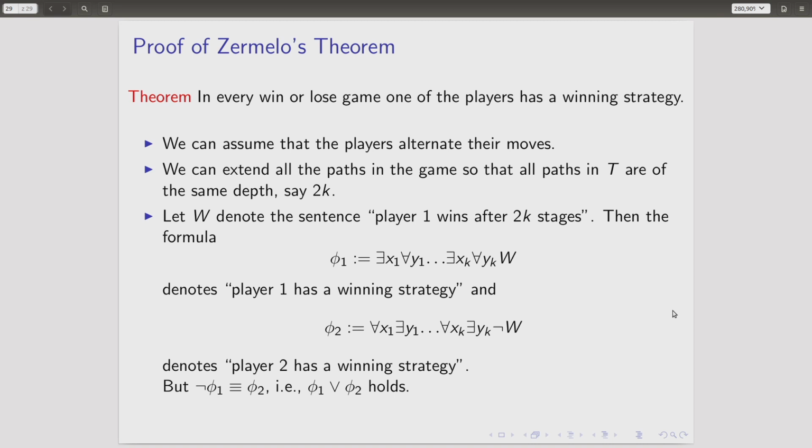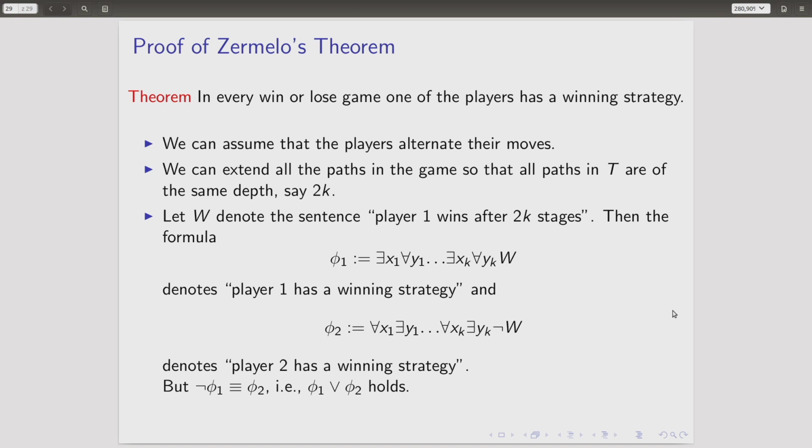W is a statement that player 1 wins after these stages.